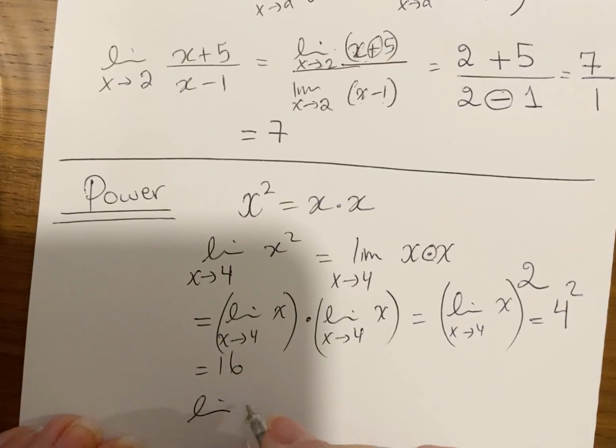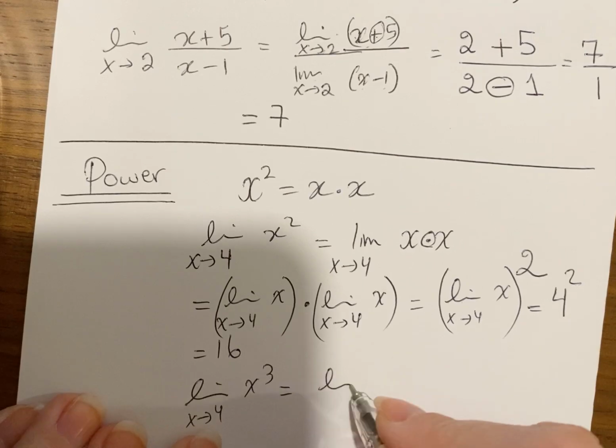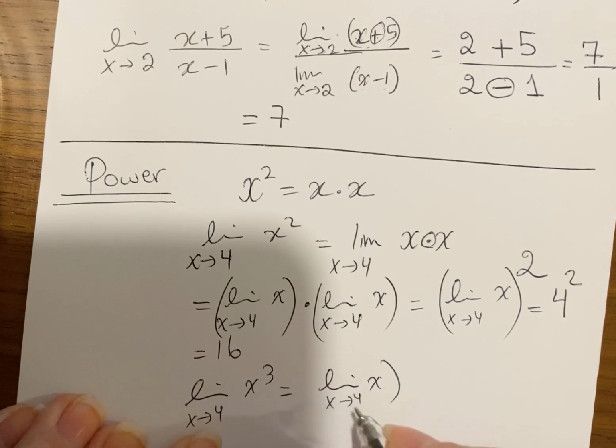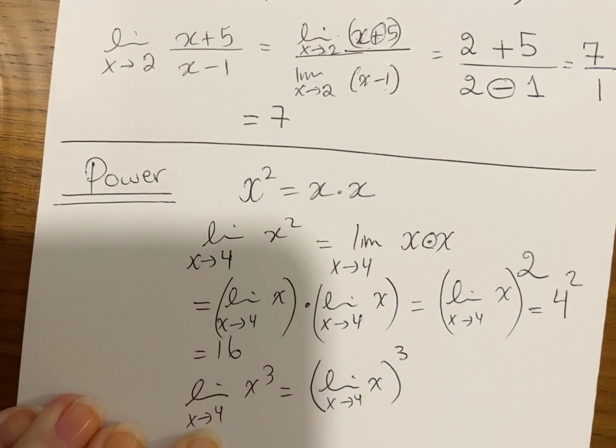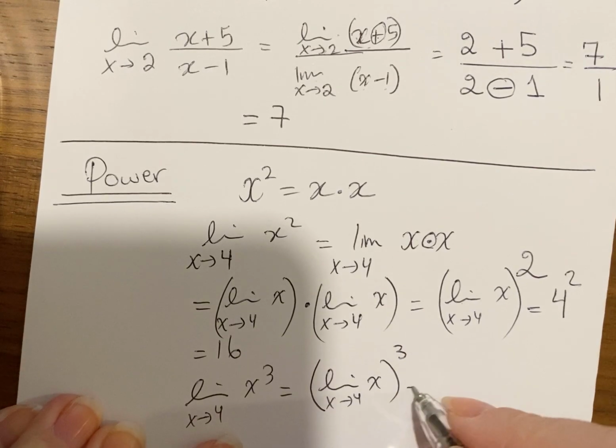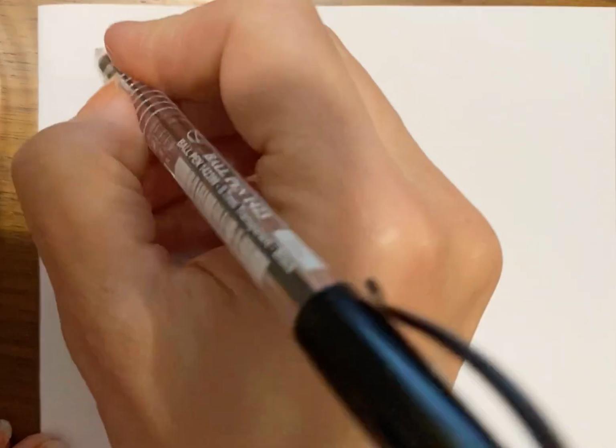Similarly, if we had the limit of x cubed, what would we do? It will be the limit of x at 4 multiplied by the limit of x at 4, multiplied by the limit of x at 4, which means it's cubed. So the answer will be directly 4 cubed. This is the power formula. Of course, this power that I'm talking about here is nothing but a natural power, that is, power of 2, 3, 4, 5.